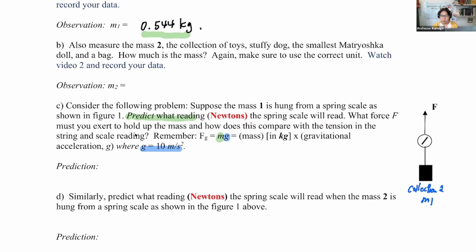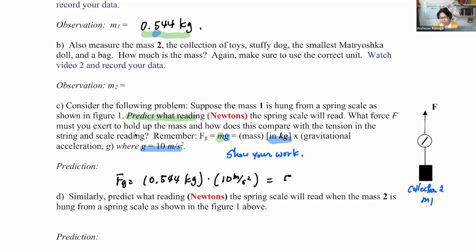But always write your work. Always show your work. And here, as it mentioned, mass is in kilogram, so I use the kilogram. So your prediction, for example, for the first one should look like this: it should measure 0.544 kilogram times 10 meters per second squared.